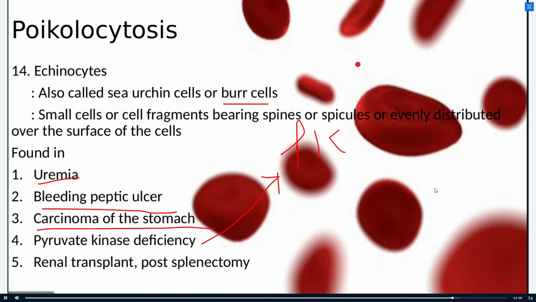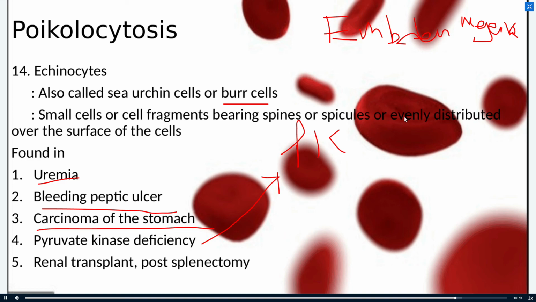Sa naaalala nyo sa mga pathways ng RBC metabolism, saan siya nakikita? Naalala nyo pa ba? Okay, very good, Ms. Silas. So, it's your Embden-Meyerhof pathway.